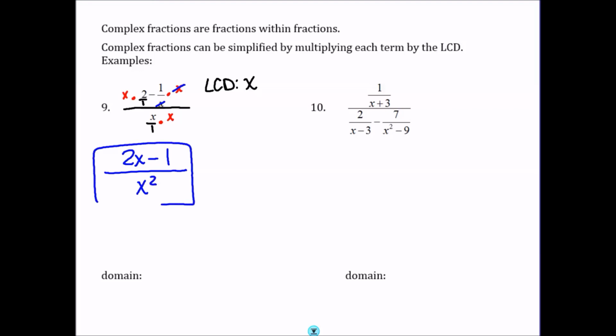And that is my final answer. Again, with the domain, you should always look at the LCD. Our LCD is just x, so our domain restriction is that x cannot equal 0.